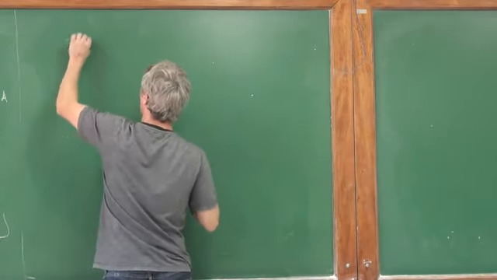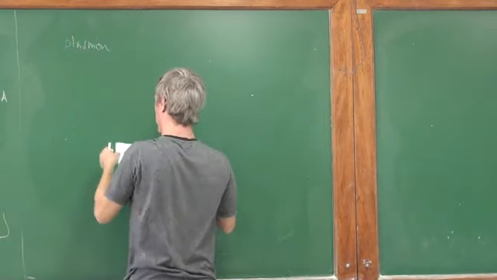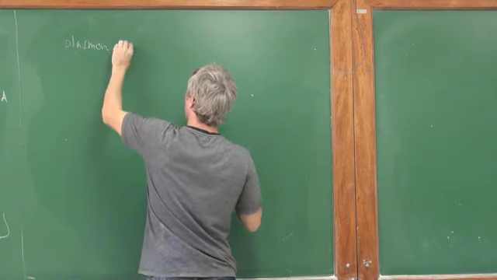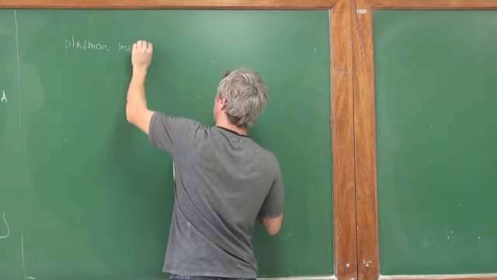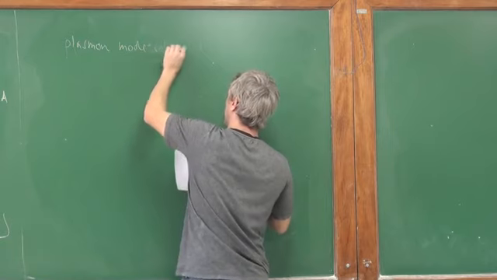Plasmon mode, which is a collective instability for the weakly interacting electron gas.